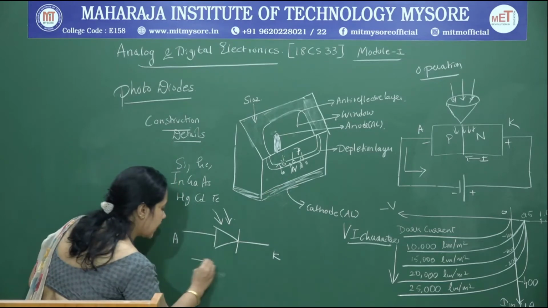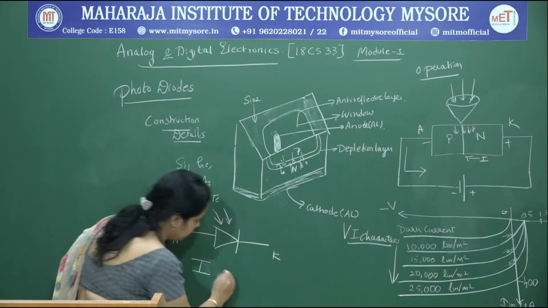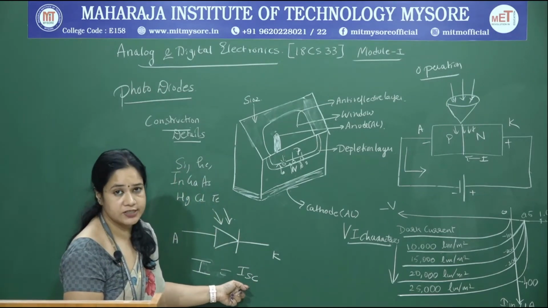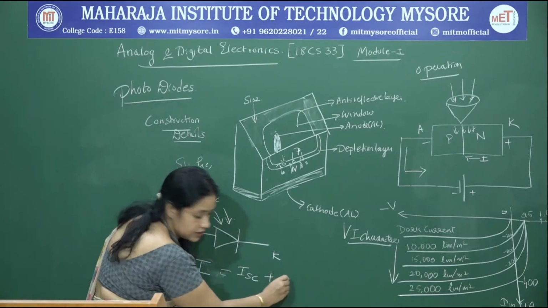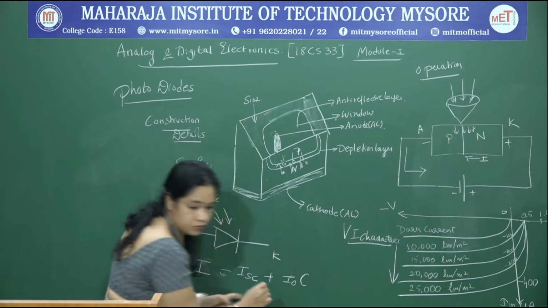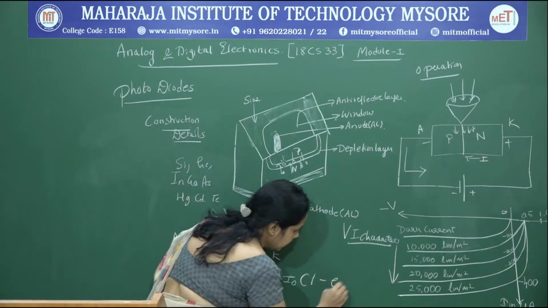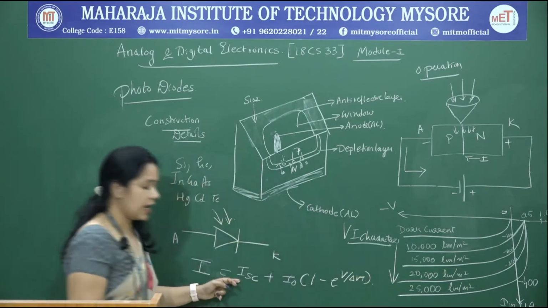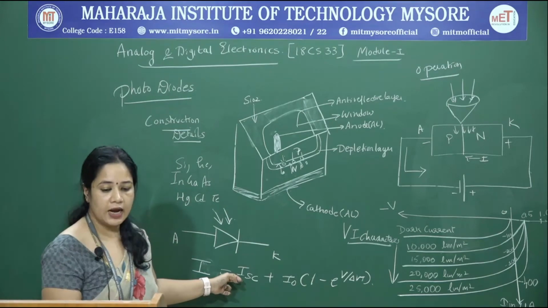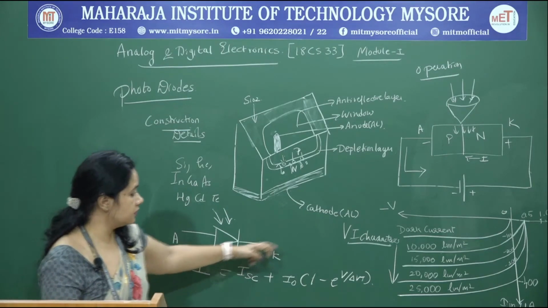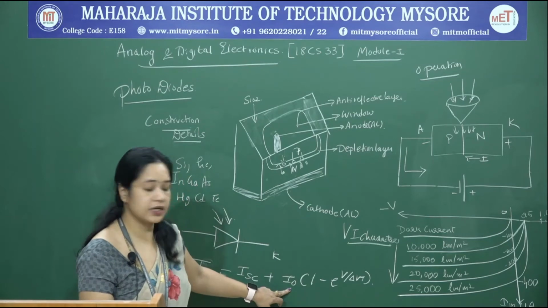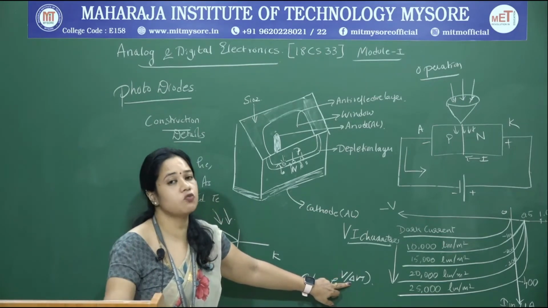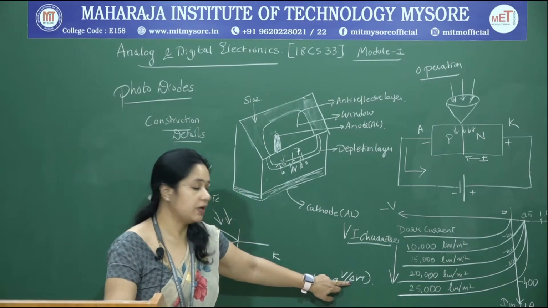I is going to be I_SC, where I_SC stands for short circuit current, plus I naught into (1 minus e to the power of V by ηVt). Here I_SC is the short circuit current, I naught is the reverse current, V is the reverse voltage, and η depends on what type of semiconductor material you are using.